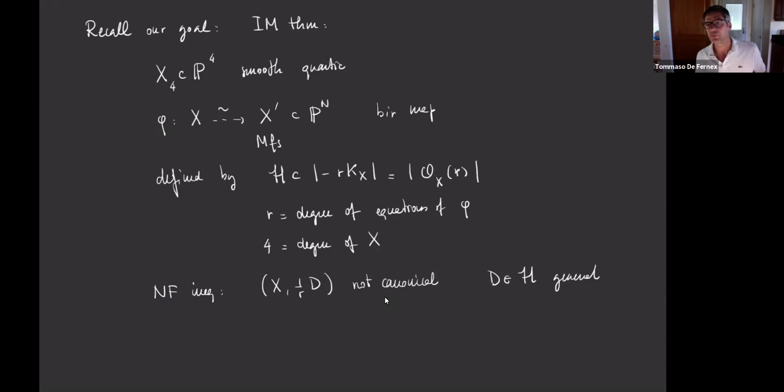In this case, the Picard number is 1, so there is no A. The only thing we need to look at is this pair. Okay, so I want to prove a contradiction.